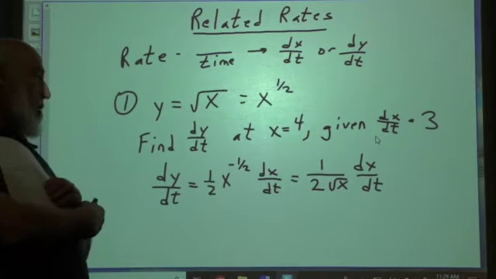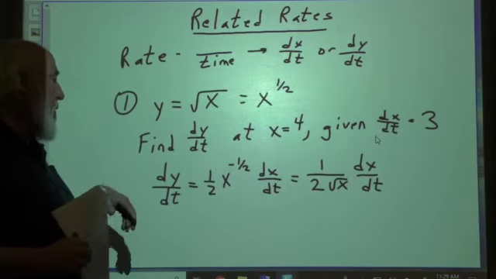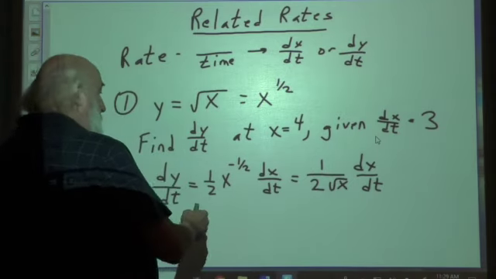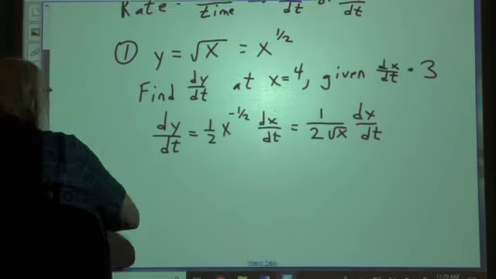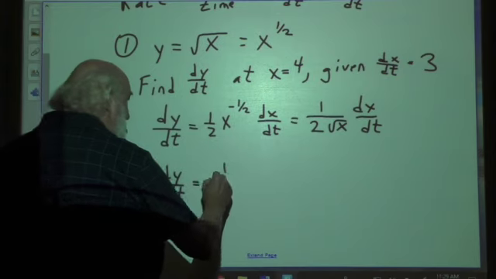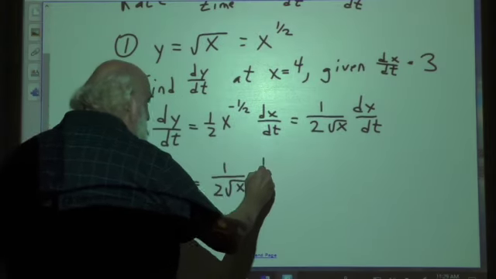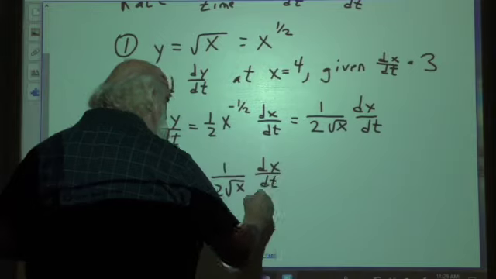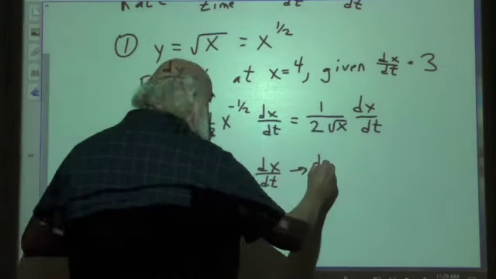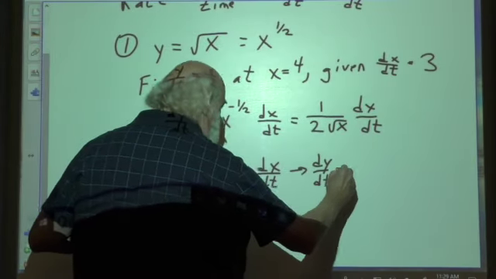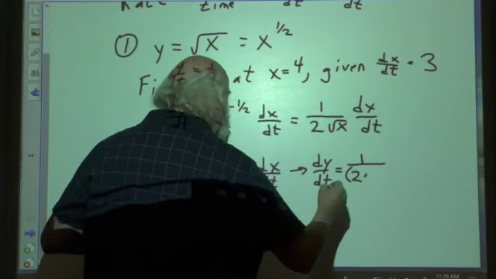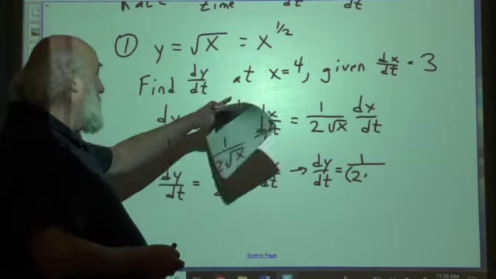As you can see, everything's pretty much spelled out. We're trying to find dy/dt, so I'll rewrite this: dy/dt equals 1 over 2 square root of x times dx/dt, and start plugging in. dy/dt is the unknown; everything else should be known. 1 over 2 times the square root of x, and x is 4.